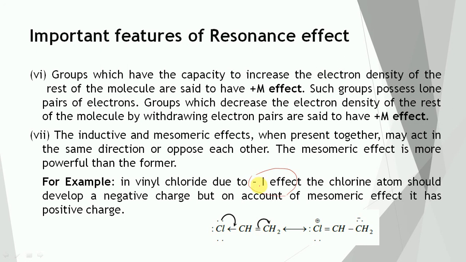But on account of resonance effect, instead of negative charge, positive charge appears on the chlorine. So we say that when both effects operate, the mesomeric effect or resonance effect is predominating.